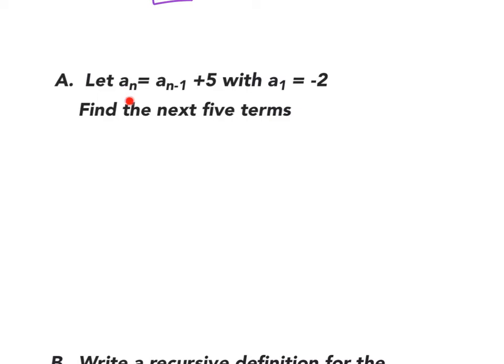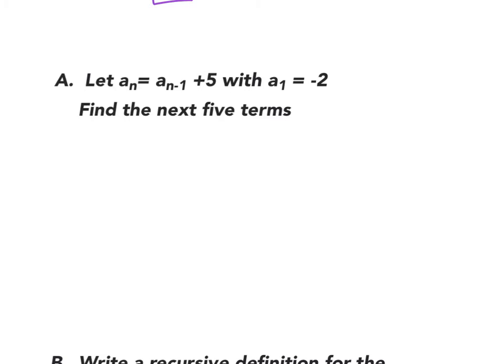Let a sub n, and again that's how it's read, equal a sub n minus 1 plus 5, with a sub 1 equaling negative 2. Find the next 5 terms. So you'll notice it doesn't say find the 5th term. It's not possible to just go get the 5th term, and you'll see why in a moment.